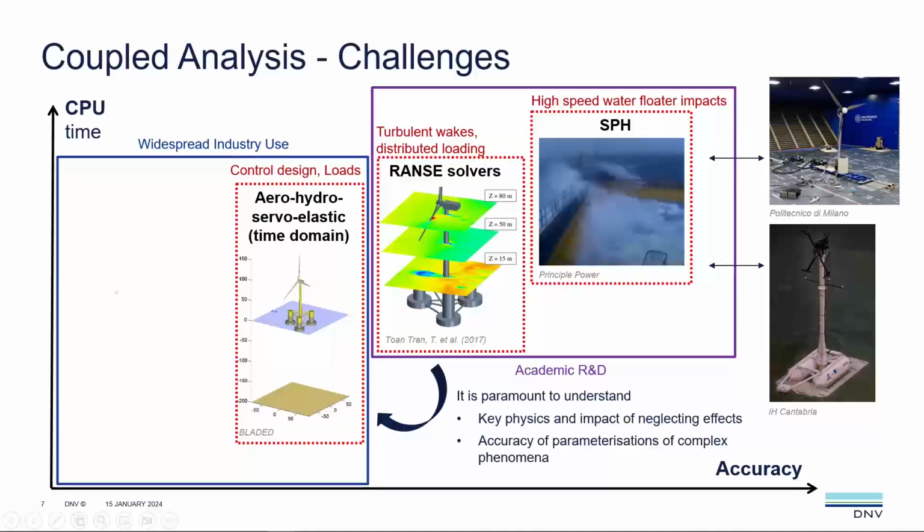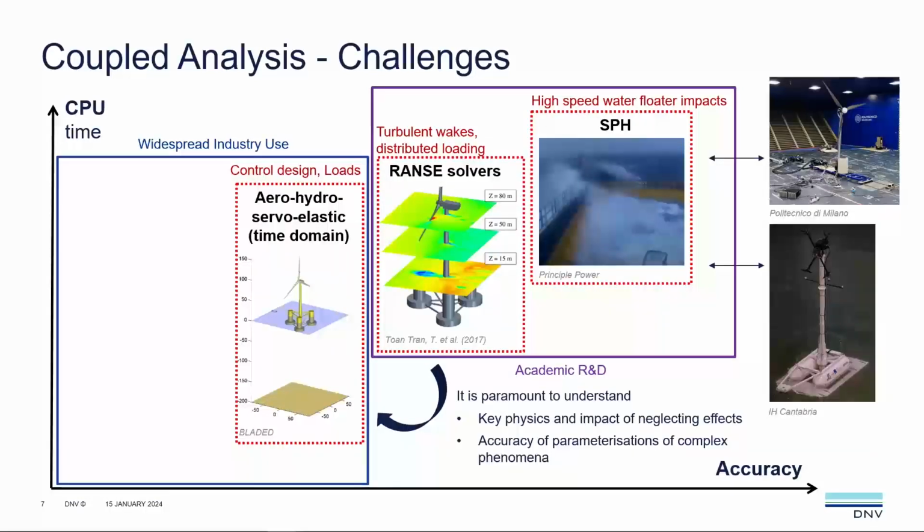But you can see in this plot, there's a gap, and that's on purpose, because these hydro-servo-elastic tools, even if they are less computationally expensive than the other ones, are still too expensive at an early design stage where we need to iterate the design fast.